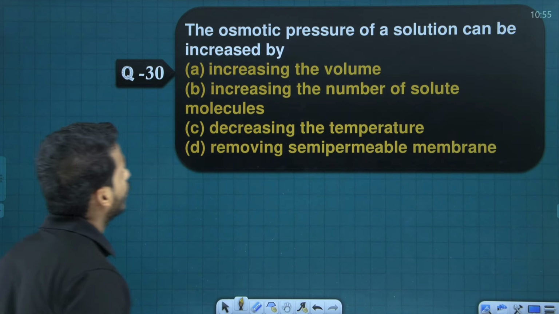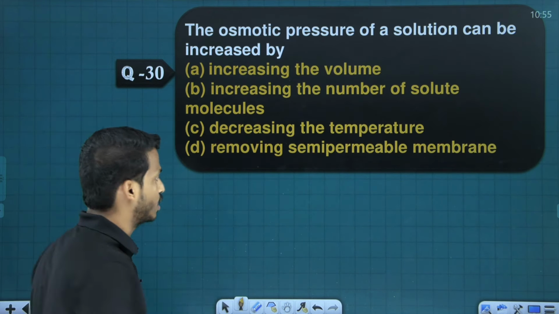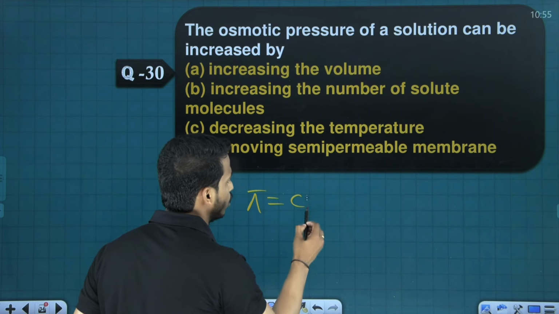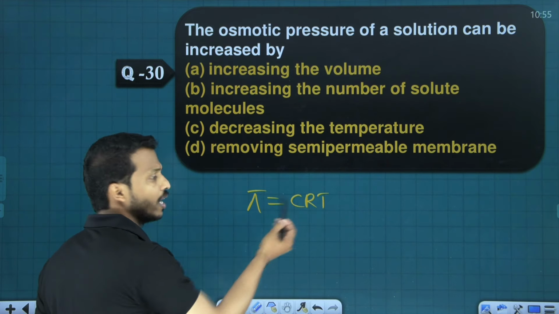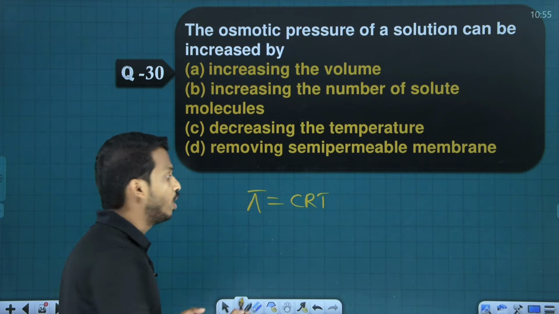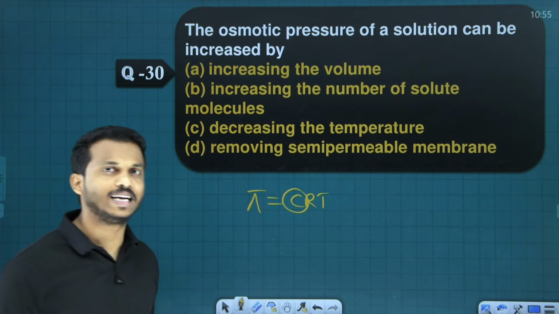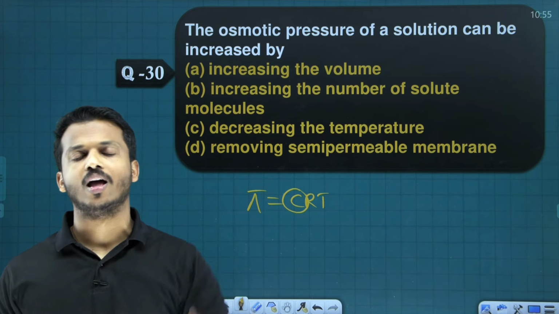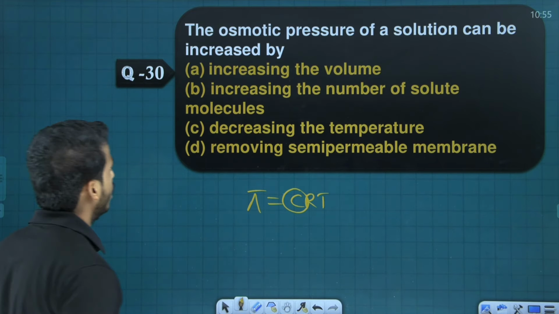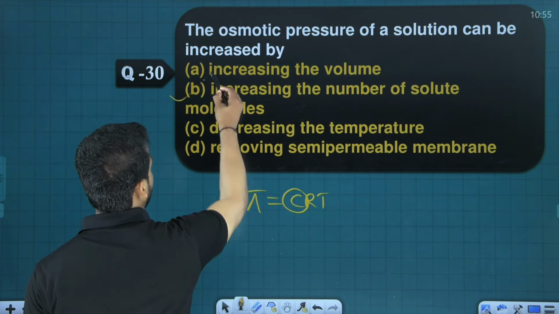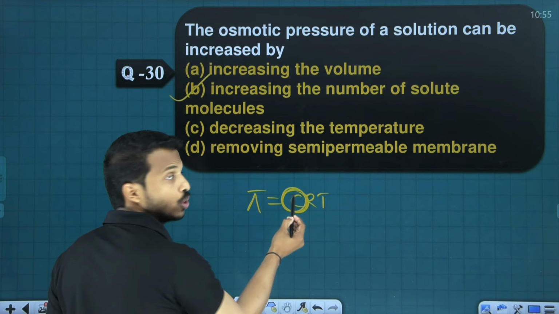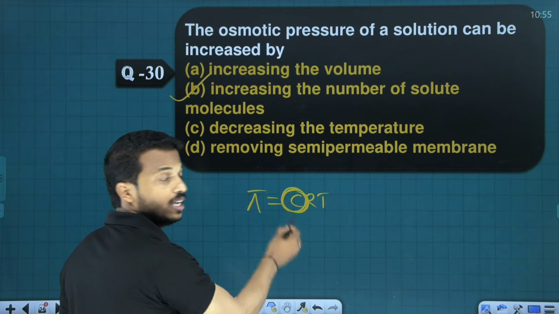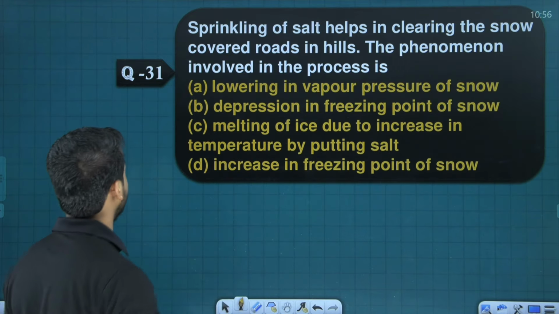Then the osmotic pressure of a solution can be increased by, osmotic pressure equal to CRT or iCRT. R is a constant. Mainly osmotic pressure depends on concentration. So if you increase the concentration or the number of particles, osmotic pressure can be increased. As we increase the number of solute particles, concentration increases, osmotic pressure increases.